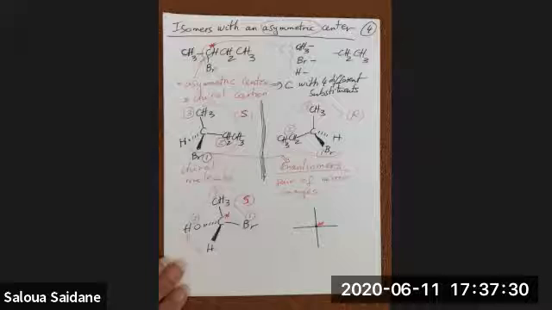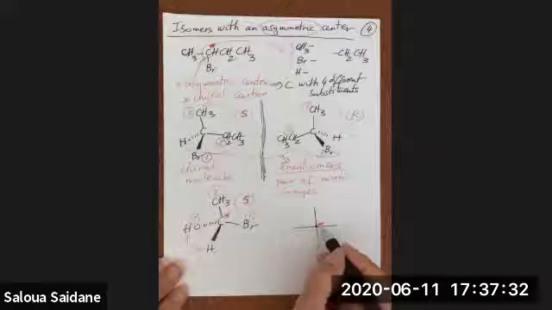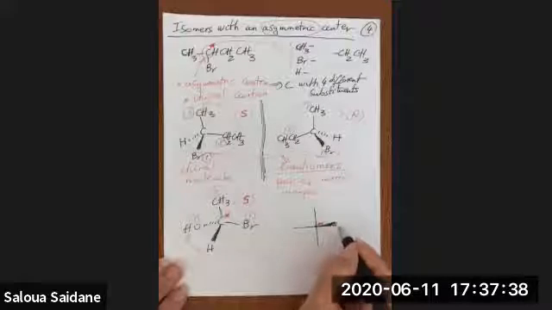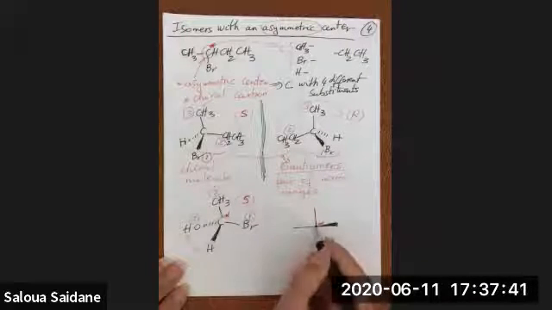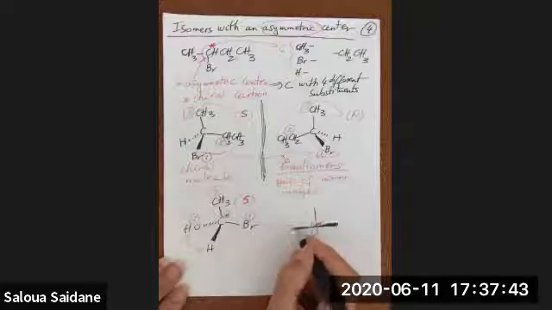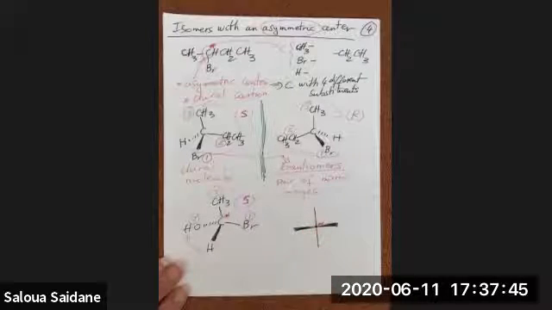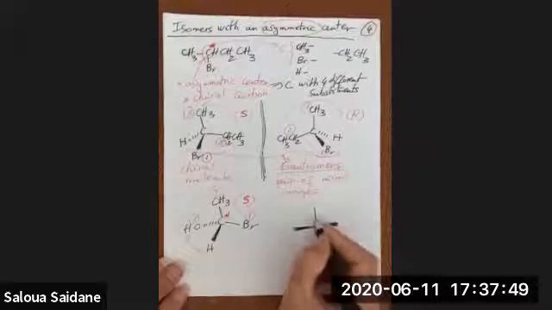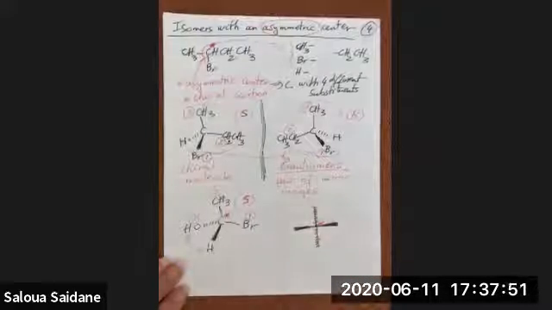But for Fischer, the horizontal line represents 2 bonds that are coming out of the paper. They're in the front. And the vertical is going in the back.